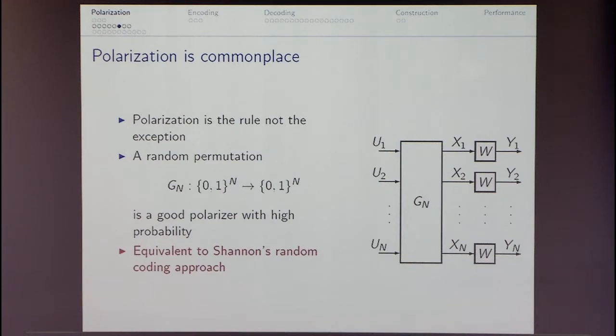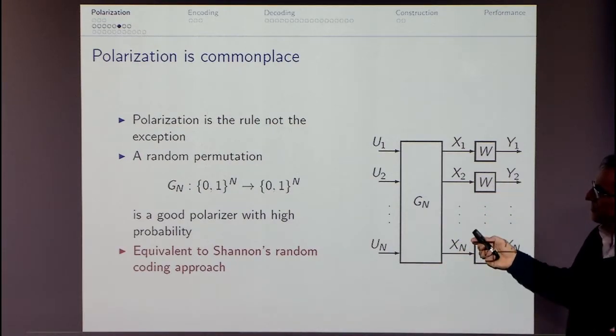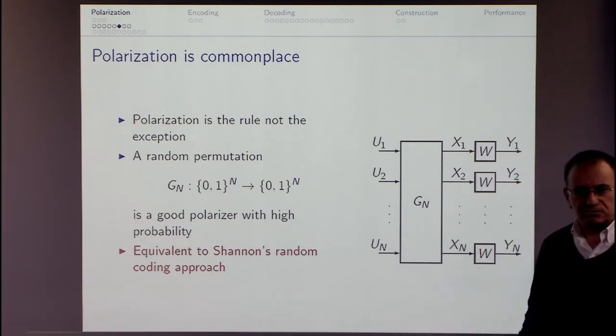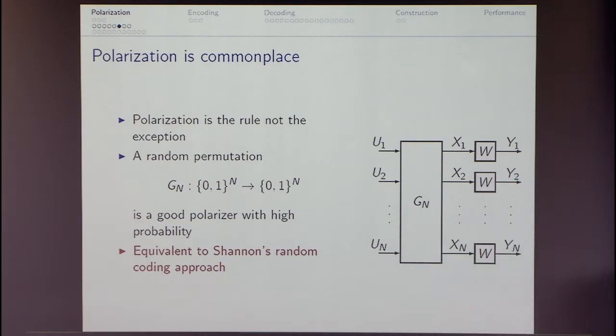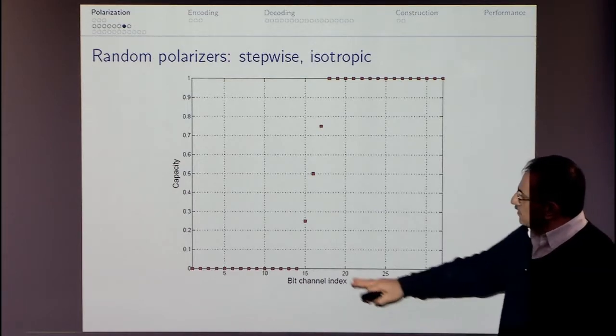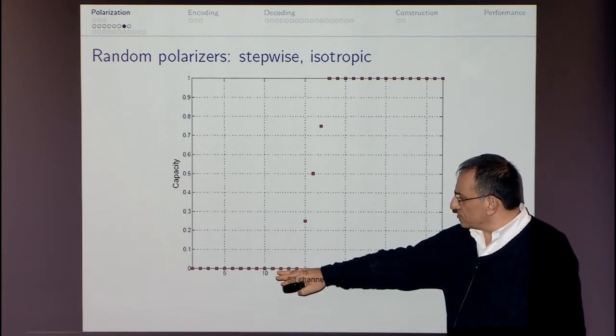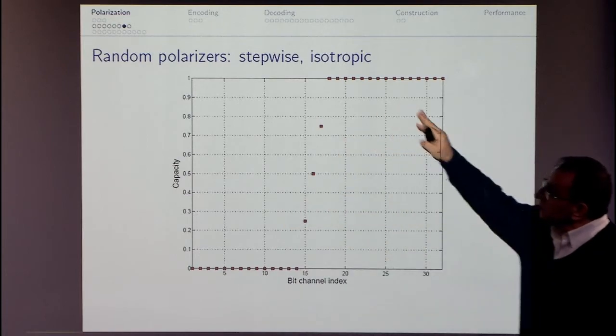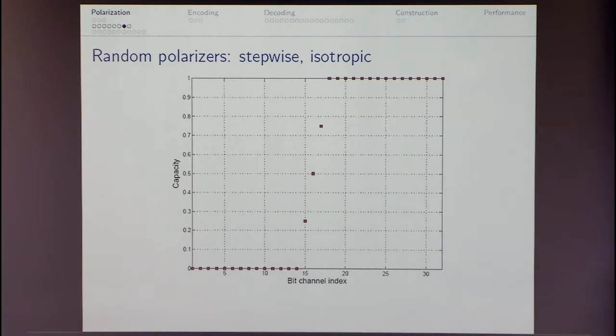So I'm not saying that polarization is something new. Okay, we've been using it. In the absence of it, you don't have any kind of coding theorem. So it's commonplace. If you use random transformations, you will have extremely good polarizers. They will be stepwise.